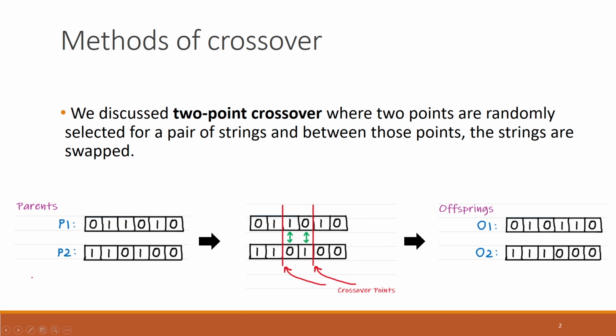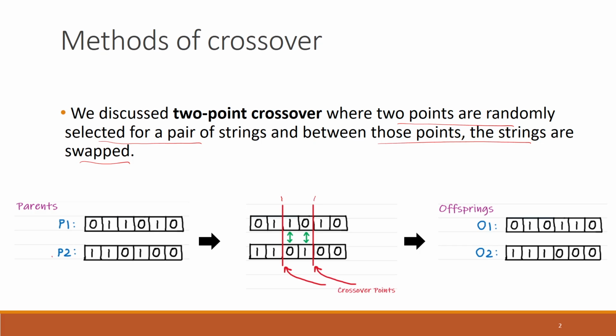Until now we had looked at 2-point crossover, where 2 points are randomly selected for a pair of strings, and between those points the strings are swapped. For example, suppose we have these two parent strings P1 and P2, and these are the 2 points around which we decide to do crossover.